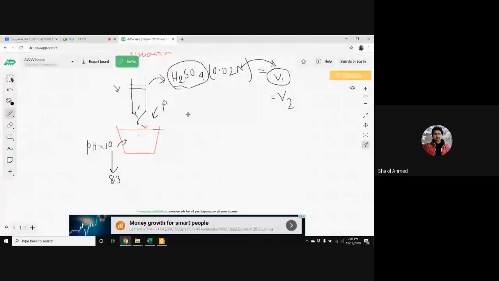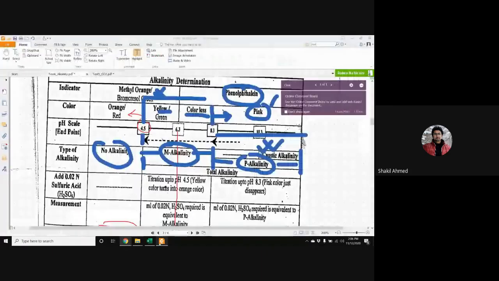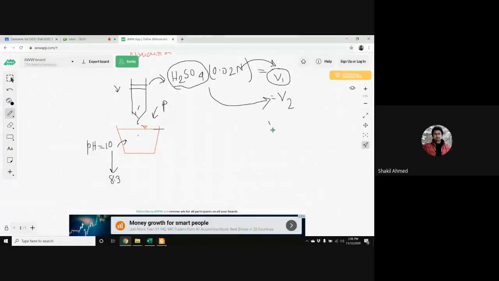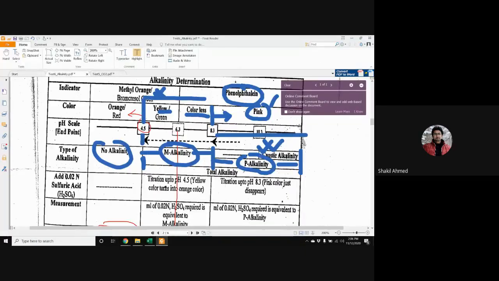And the volume of the sulfuric acid that you added in the second stage, I would rather say, that is basically the M alkalinity. Clear? If you add this V1 plus V2 corresponding to the volume of H2SO4, that is basically the total alkalinity. Clear?